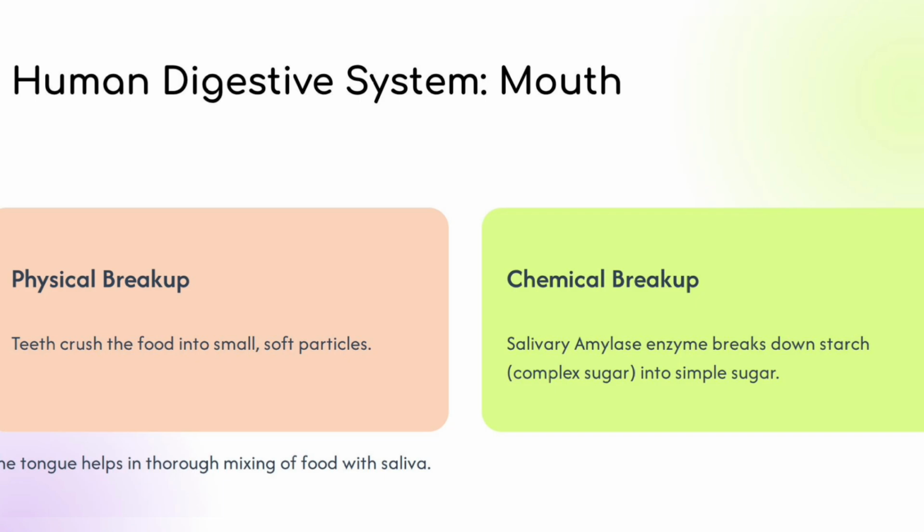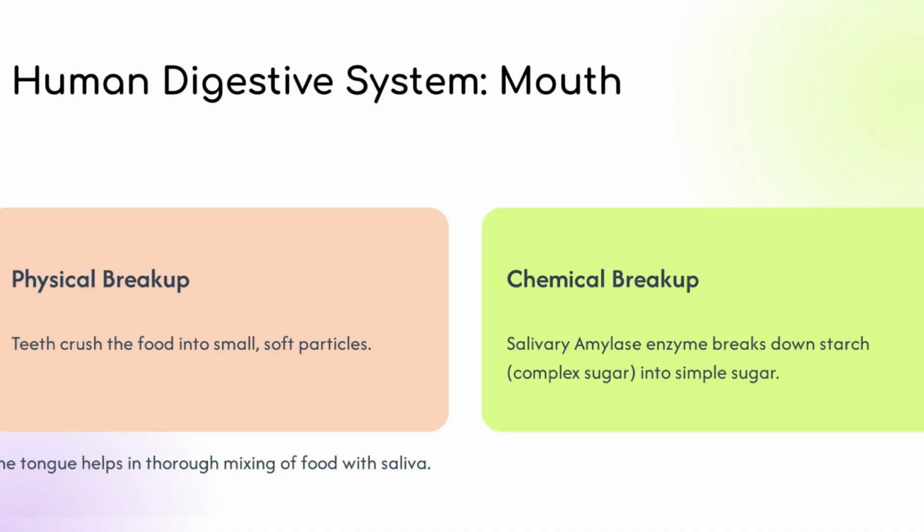This is called physical breakup. And chemical breakup: saliva contains an enzyme called salivary amylase. This enzyme starts breaking down starch, meaning complex carbohydrate, into simple sugar. That is why if you chew rice or bread for a long time, it starts tasting sweet. This is the first step of the long digestive journey.